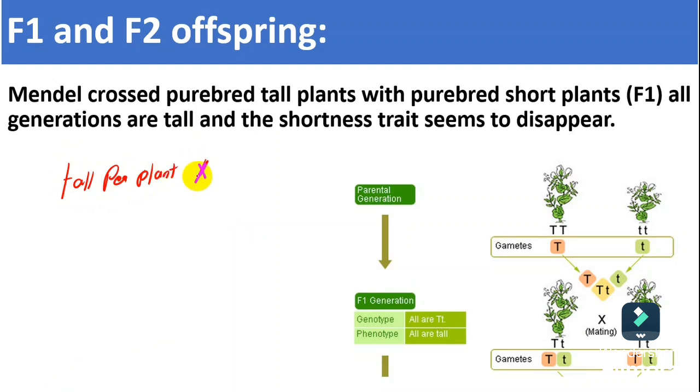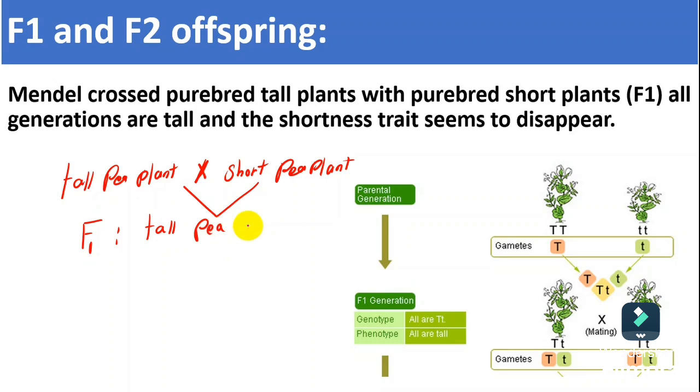This sign means that we make crossing or mating between them. The first generation, F1, all of them are tall pea plants. So the big question now, where is the short pea plant? Does it appear or disappear? It disappears completely. So why did it disappear?